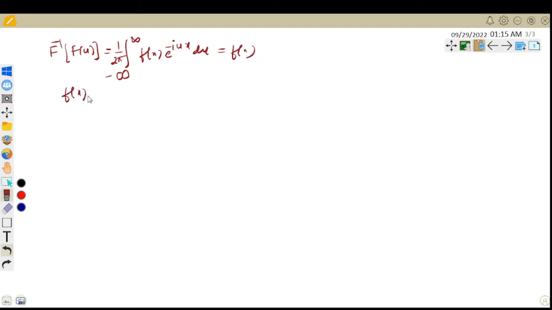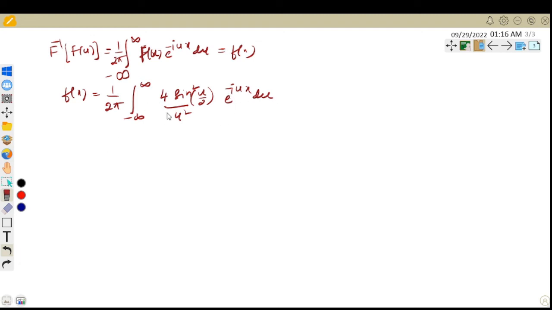So I will write in the reverse order. f of x is equal to 1 by 2 pi times the integral from minus infinity to infinity of F of u, whose value we have already got, which is 4 times sin square u by 2 divided by u square into e raised to minus iux into du.